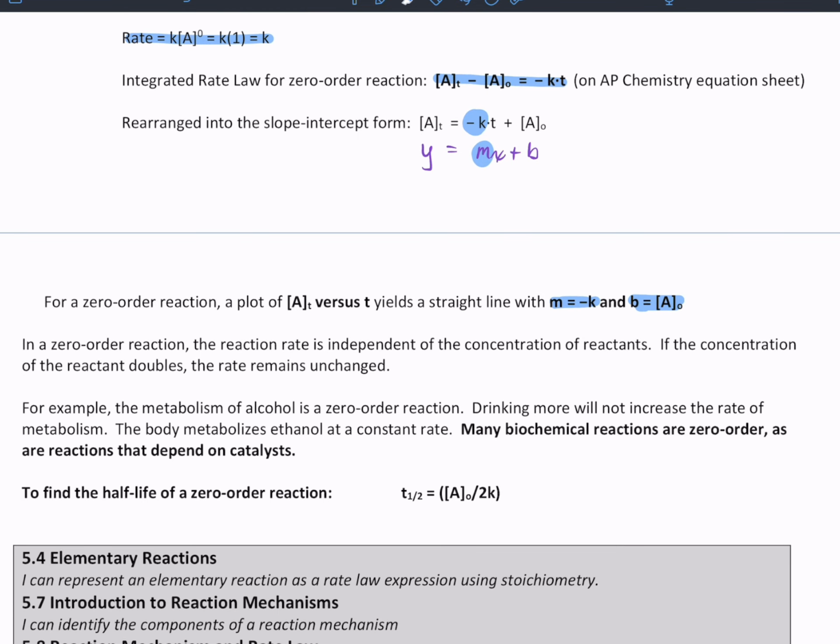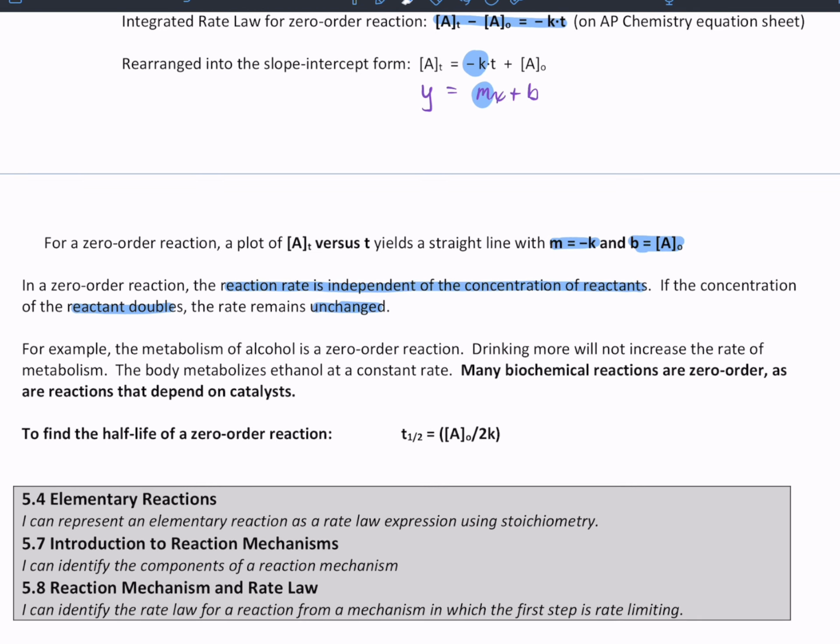Okay. With the zero order reaction, the reaction rate is independent of concentration of reactants. So it doesn't really matter if the concentration of the reactant doubles, the rate just remains unchanged. A good example of this is the metabolism of alcohol is a zero order reaction.